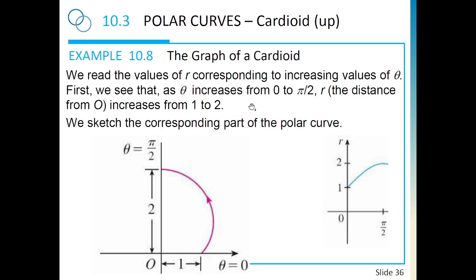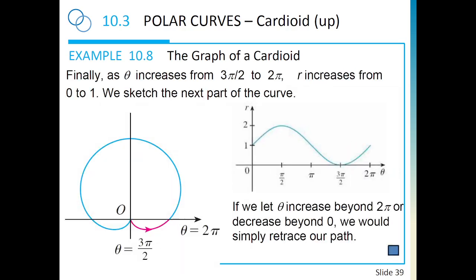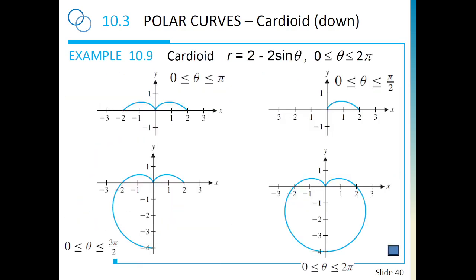I did it a little bit faster so you can go, if you wish, step by step. You see the evolution of angle, and then r, so angle from 0 to pi over 2, and r goes from 1 to 2. You see, from 1 to 2 the distance from the origin. So basically these are all the steps.